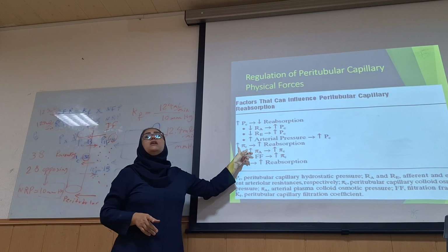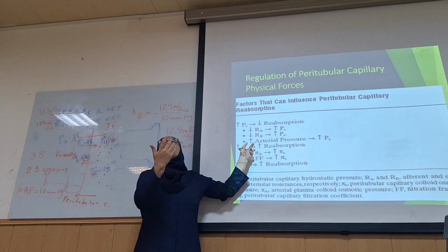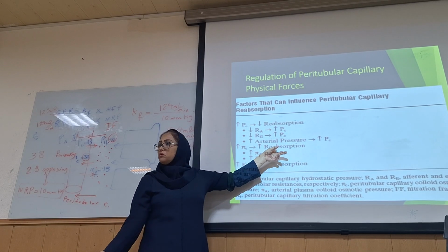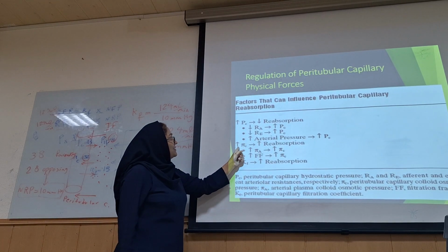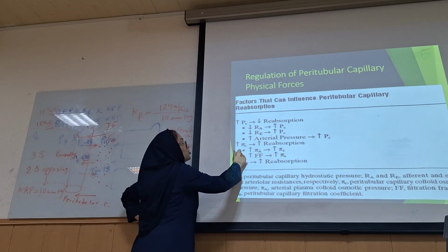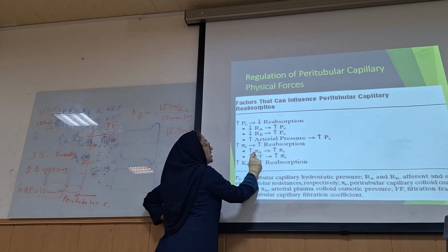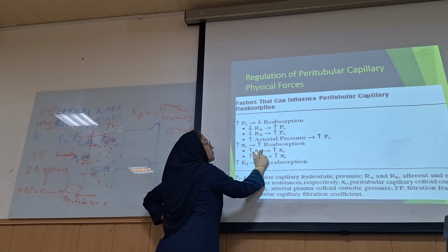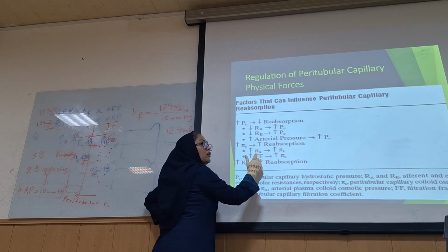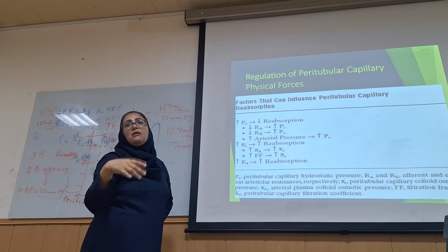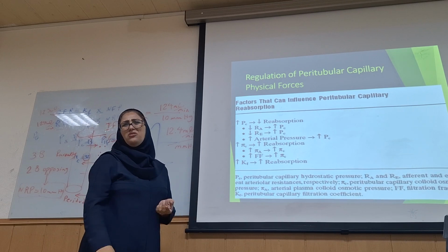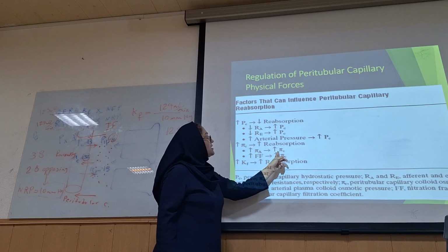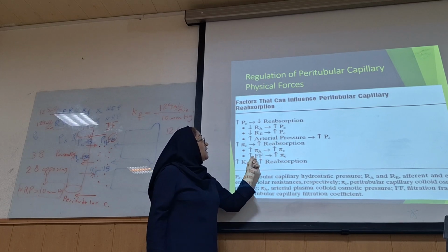Regarding pi C, suppose that pi C is increased. What happens with reabsorption? Increases. Pi C actually is changed as a result of changing in pi A. It means colloid osmotic pressure of systemic circulation. When pi A increases, pi C increases.